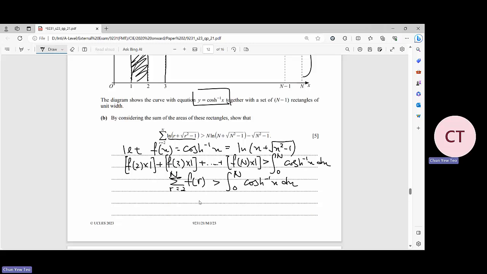But if you change it this way, this is Fr, so you need to fulfill what is stated in the question. We need to change the Fr into this form. So we make it like this: the sum from r equal to 2 of ln of r plus the square root of r squared minus 1 is greater than this.